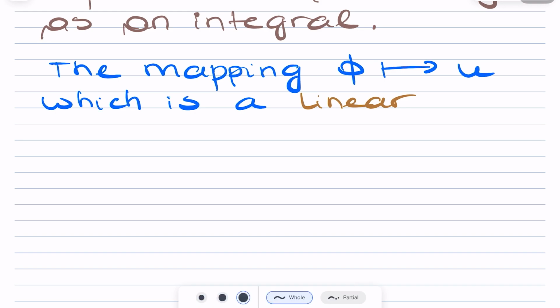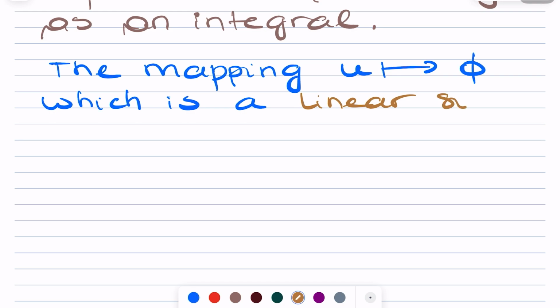Let me just reverse the order. So, which is a linear surjective isometry, right?